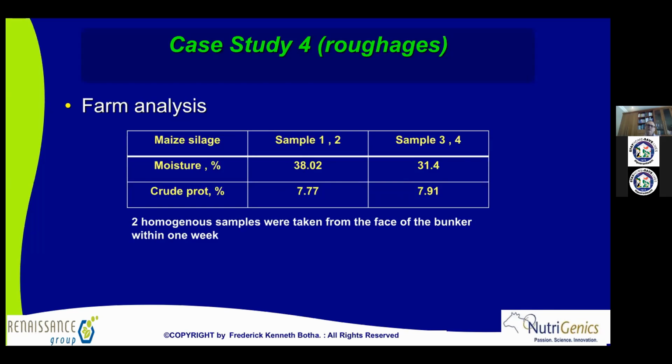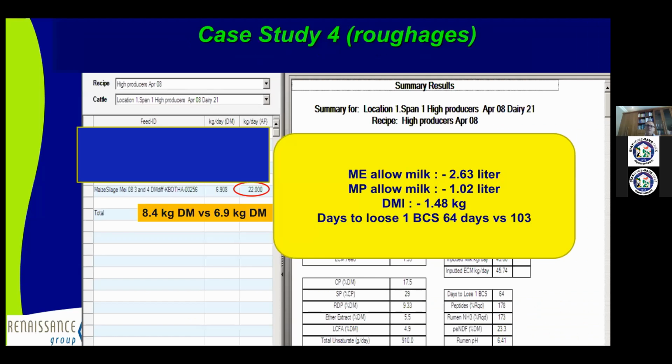Now, for you working on dairy farms, that's huge, especially in a farm feeding 22 kilograms of maize silage. So bringing that back to practice, if we compare that variance, just the moisture of the maize silage, that means that 1 week they fed 8.4 kilograms of silage on a dry matter basis, and the next week they only fed 6.9 kilograms.